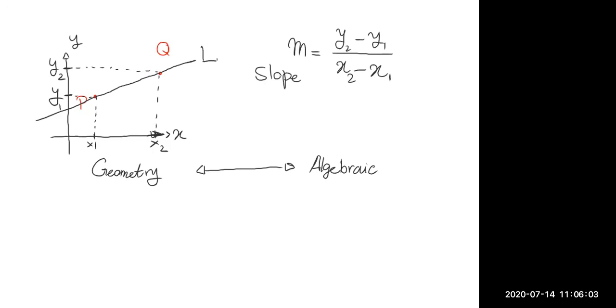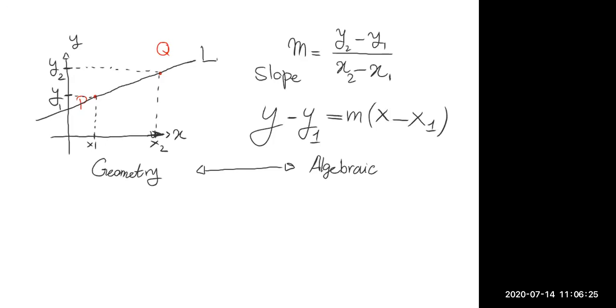And with that definition, the equation of this line would be y minus y1, the second coordinate of the point P, equals m times x minus x1, right? That would be the equation of a line in plane.